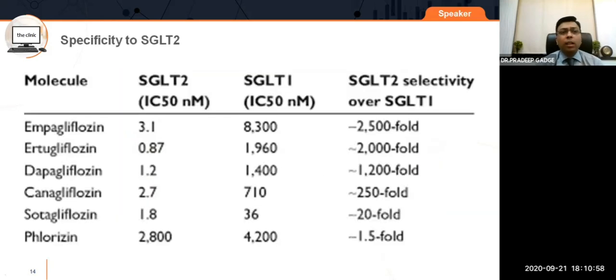Now let's see what SGLT2 inhibitors are available. Empagliflozin is quite selective for SGLT2. It is very specific with minimal action on SGLT1. Dapagliflozin is almost similar, but canagliflozin is specific for SGLT2 and has some affinity towards SGLT1 as well.